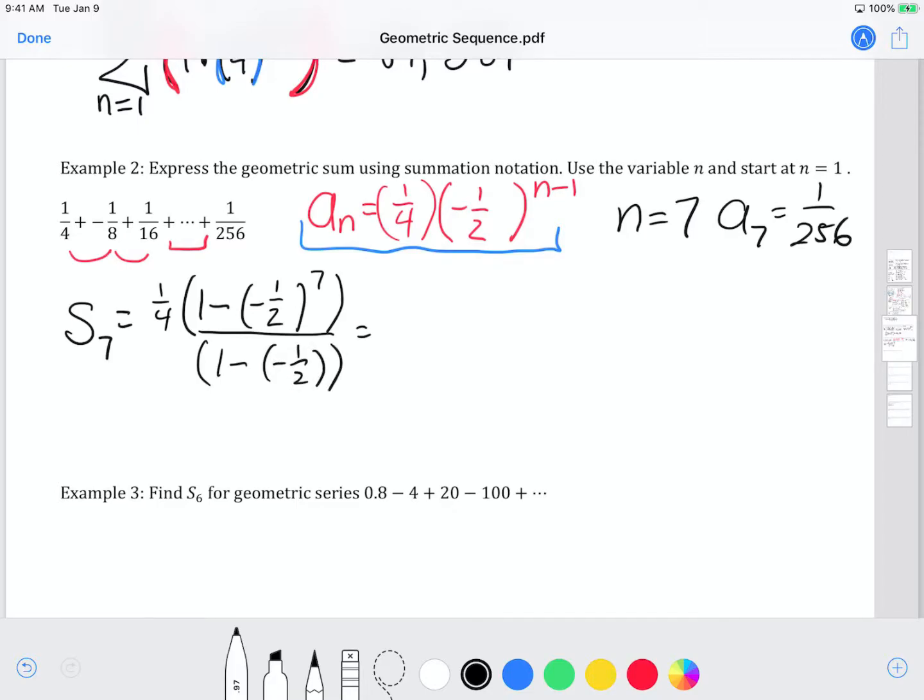Making sure that you put parentheses around the top and around the bottom, and look, we have two different sets of parentheses here, so make sure you put all the parentheses in the correct way on your calculator, and you should get 43 over 256.